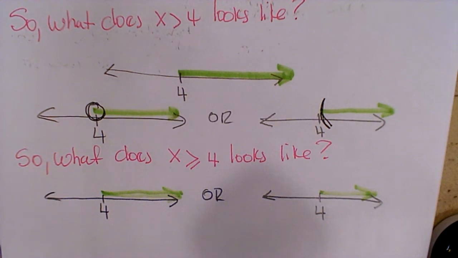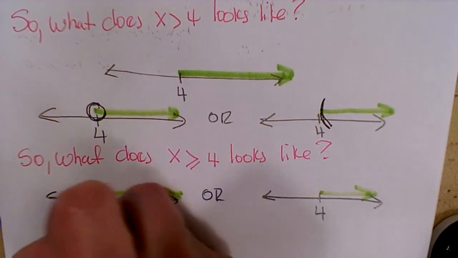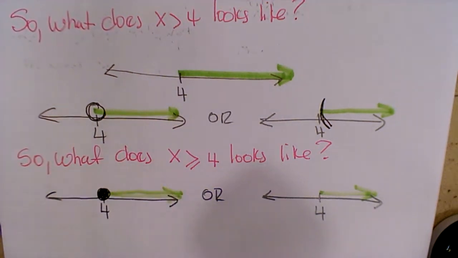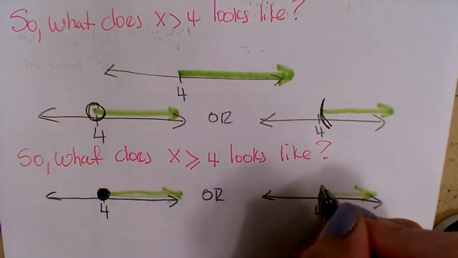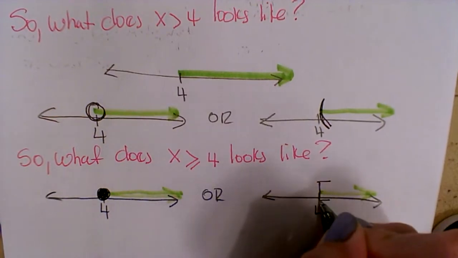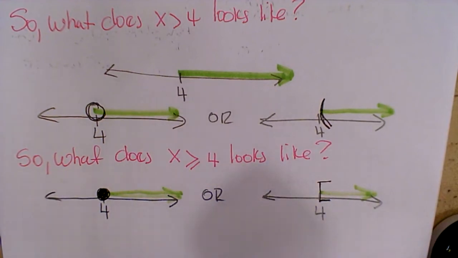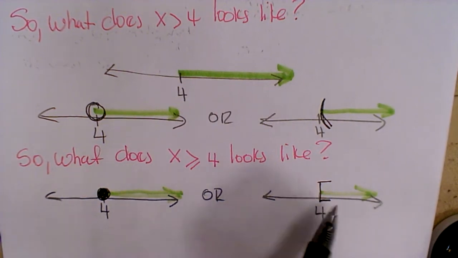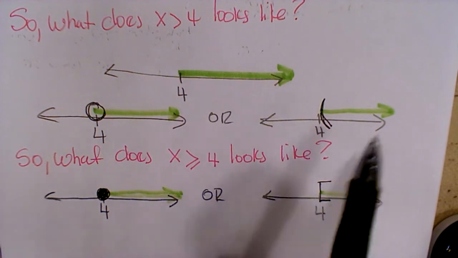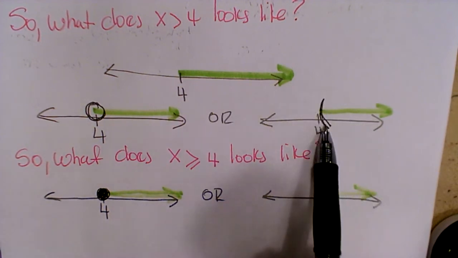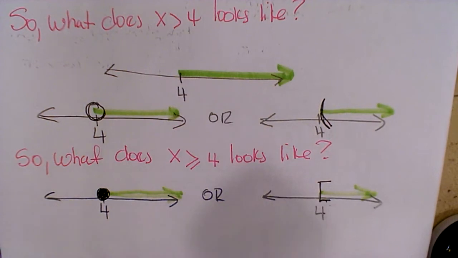We either do it with a circle, colored in, or with a square bracket. That's going to point to our coloring area. So either this one or this one. Again, I use the open parenthesis when the number is not included, and when it's included, I use the bracket. Okay?